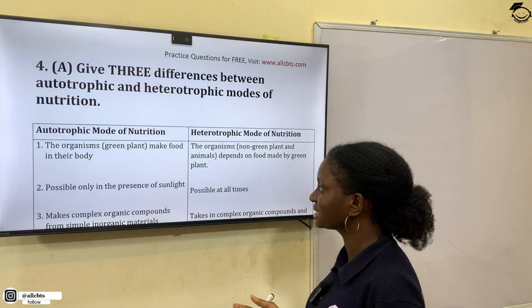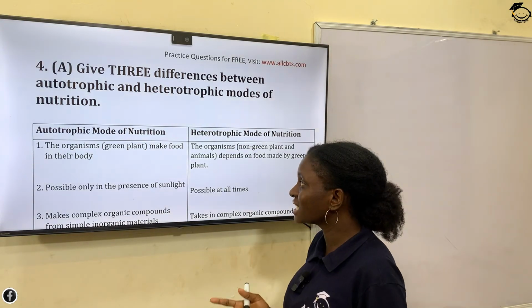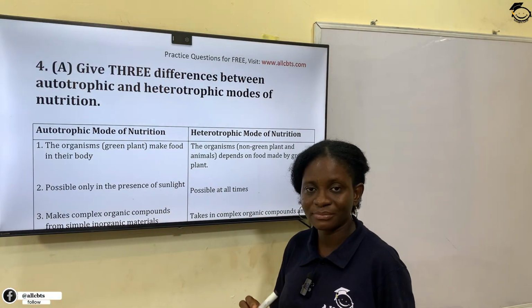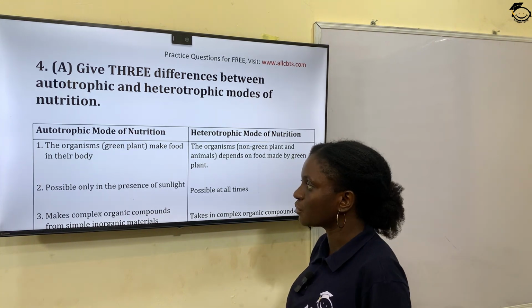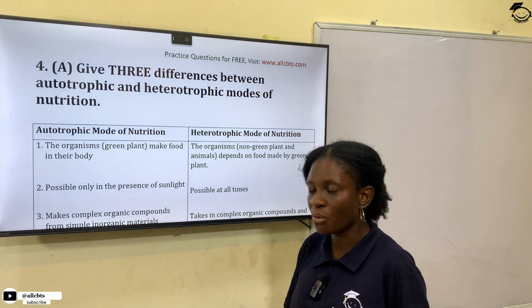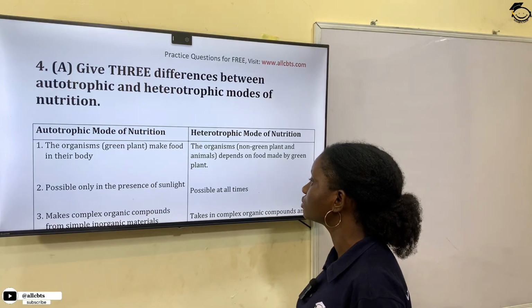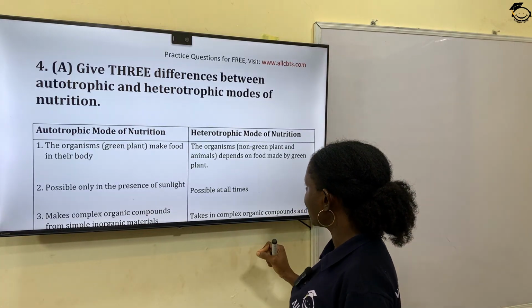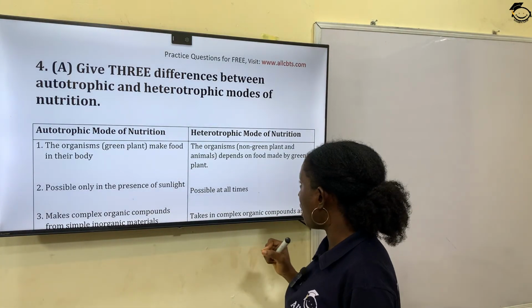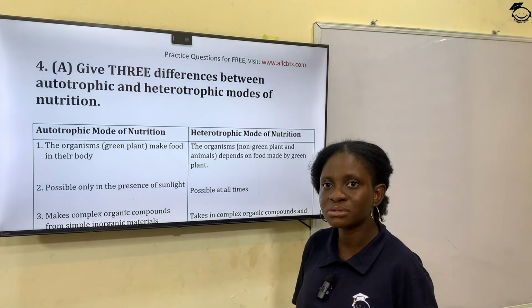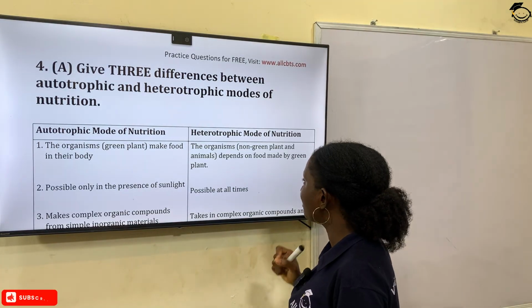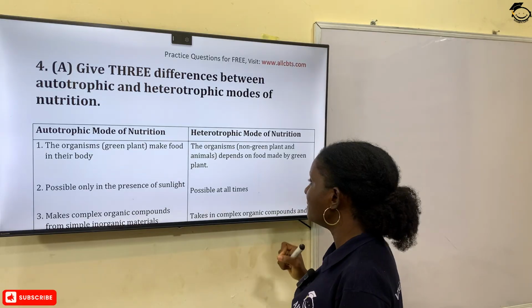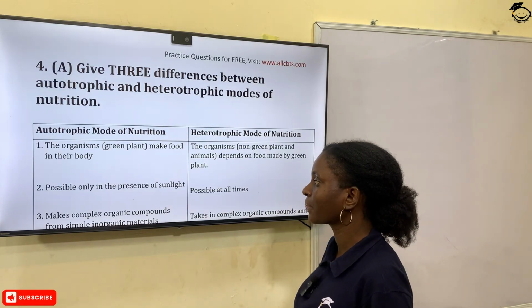So the key differences, 1, the organism, that's the green plants, make their own food. Therefore, for heterotrophic mode of nutrition, the organism, that's animals or humans, depend on food made by plants.